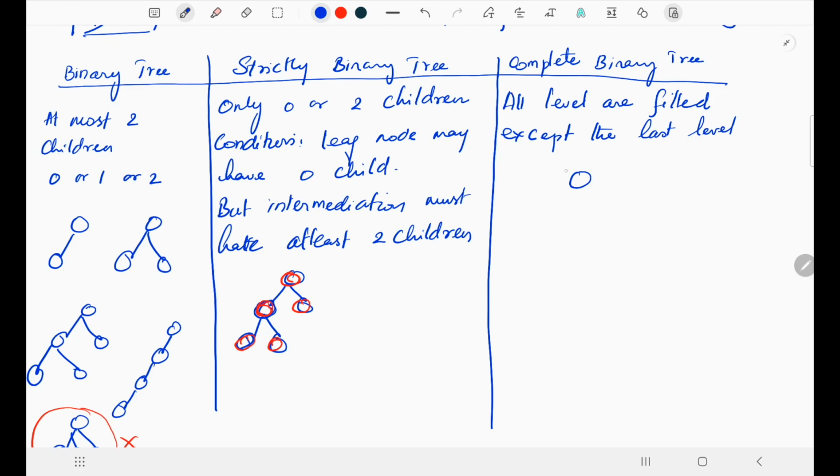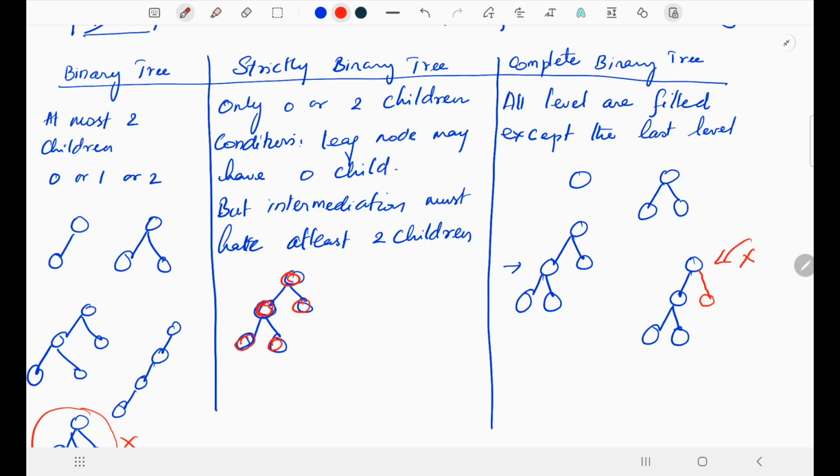I can have like this, or like this, or like this. That means the levels must be filled, but it should not be like this, because here the first level right child is missing. So this one is not a complete binary tree. So complete binary means what? Except the last level, all the levels must be complete.